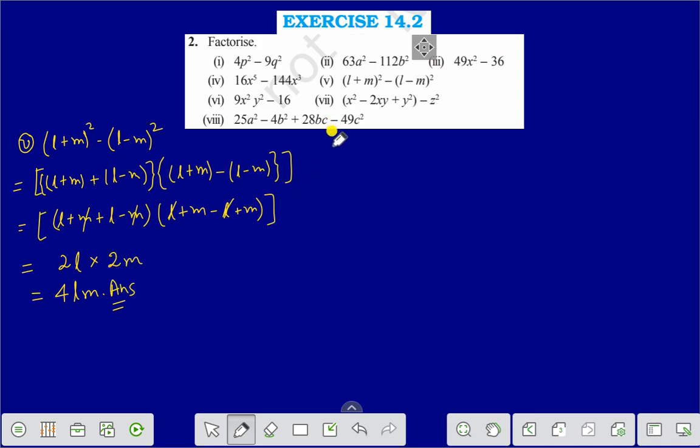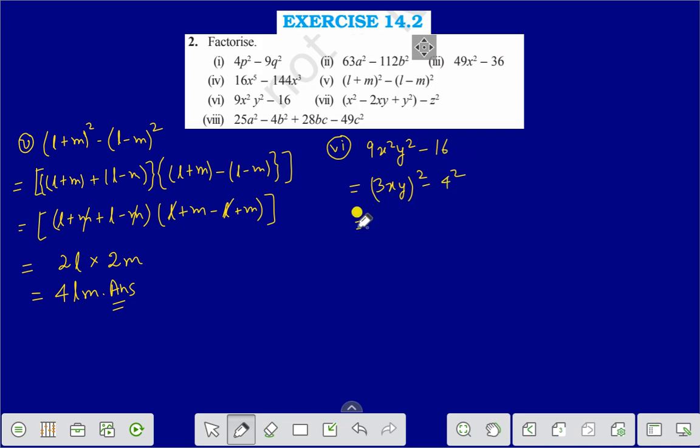Let's solve question number 6. Question number 6 is 9x square y square minus 16. It can be written as (3xy) whole square minus 4 square.